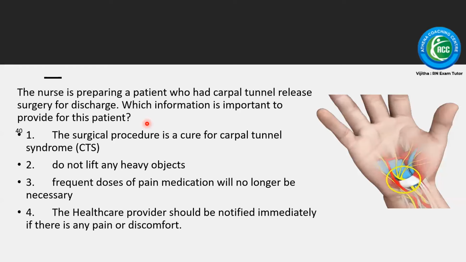What is carpal tunnel release surgery? It is a choice of treatment for carpal tunnel syndrome. So tell me, what is carpal tunnel syndrome? Numbness and tingling of the extremities. It is because of what?